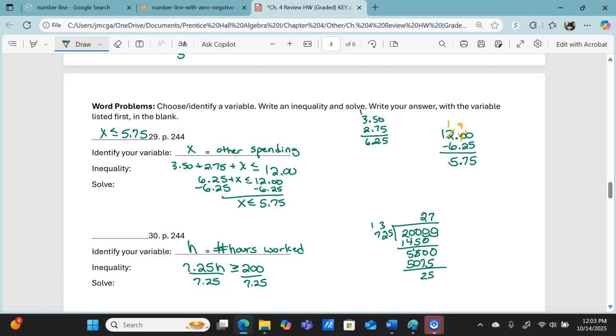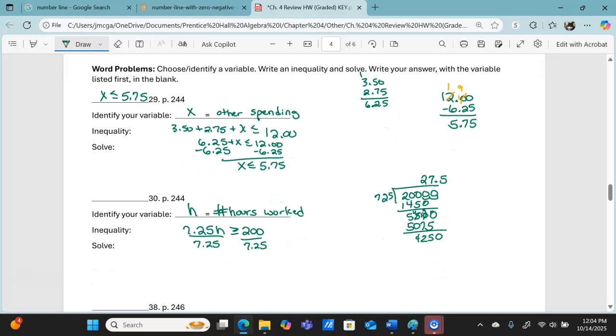I would have borrowed there and made that a 4, that a 10, a 9, and a 10. So this would be a 4. So 0.6. Maybe 5. Nope, 6 won't work. 6 is, because 6 times 7 is 42, and I would have some carried numbers. So it's going to be a 5. It really doesn't matter. It's more than 27.